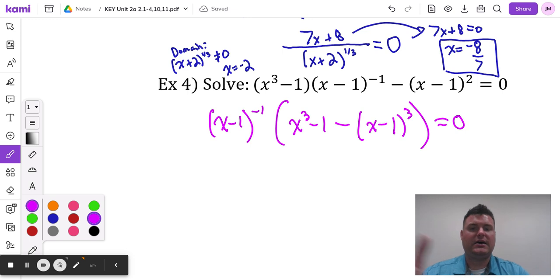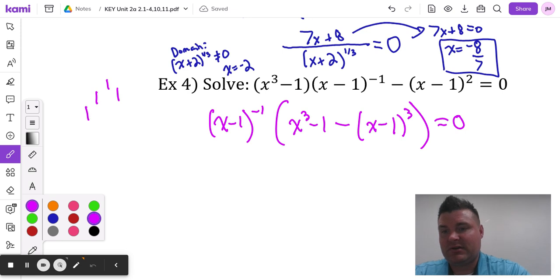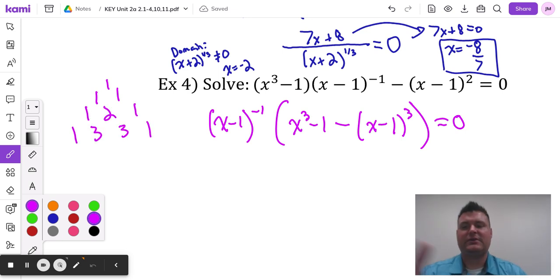Ooh. Oh, this looks fun. We need to expand x minus 1 cubed. Luckily, we know the binomial theorem. Using Pascal's triangle, we can use that for the coefficients. I'm on the third power. I'm using the coefficients 1, 3, 3, 1.